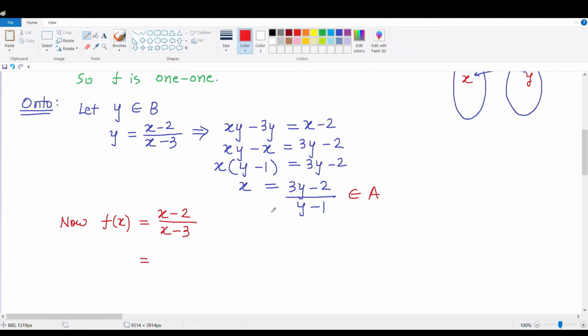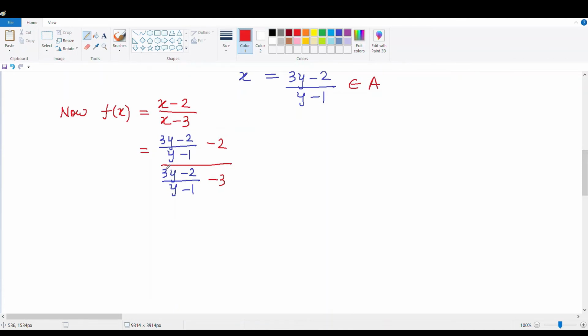So that is (3y minus 2) over (y minus 1) minus 2, over, again instead of this x I'm going to plug in this value, which is again (3y minus 2) over (y minus 1) minus 3.